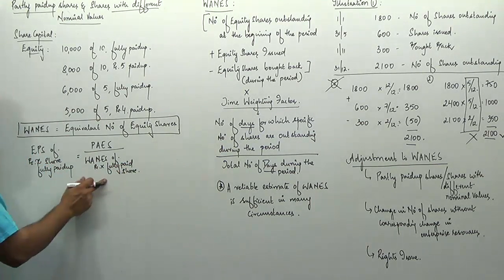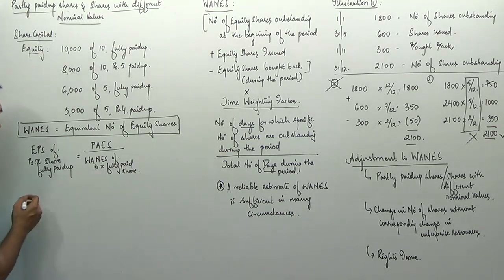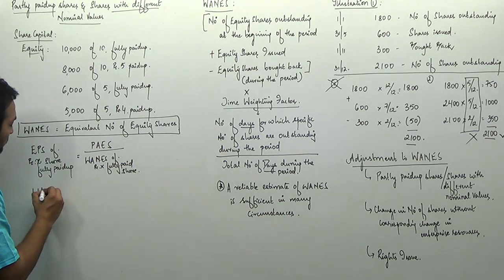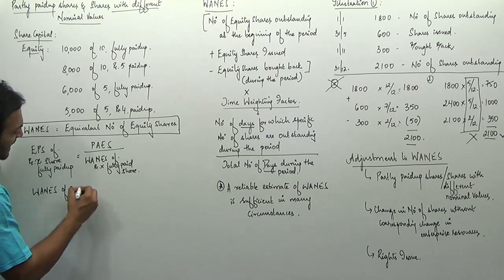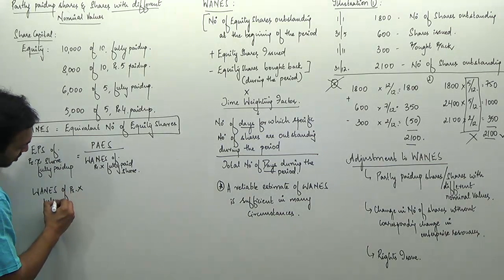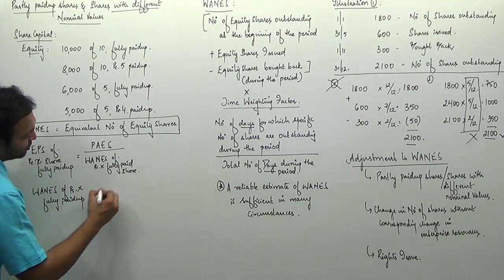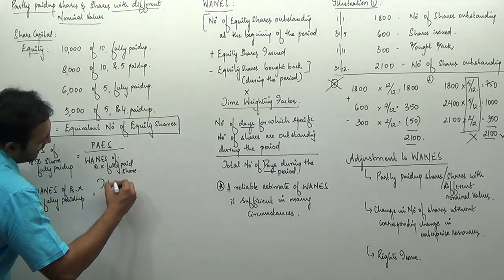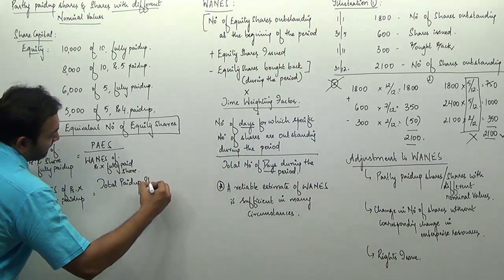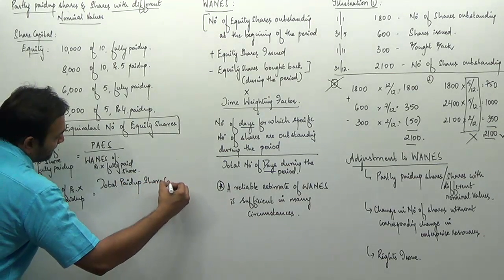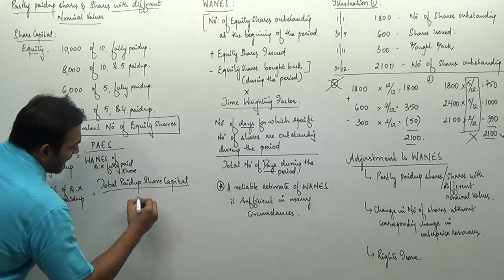Now, how do I get this denominator, weighted average number of equity shares of rupees X each fully paid up? Weighted average number of equity shares of rupees X fully paid up is equal to total paid up share capital divided by X.